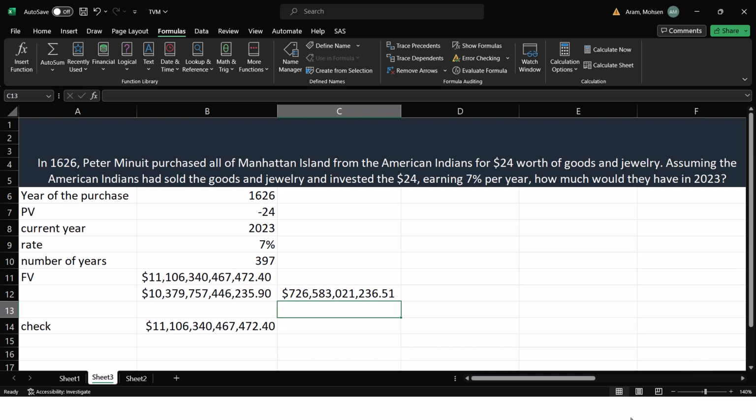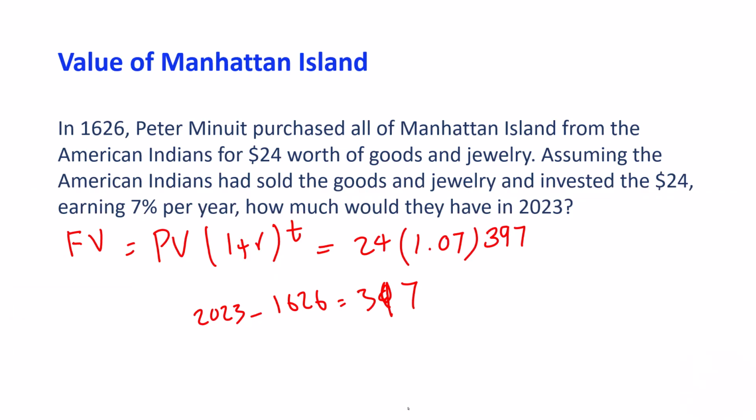So of course, this is a very hypothetical example, but it shows you what happens if you allow your money to stay invested, to stay in your account for a long period of time. Especially later in time in your investment, the money is going to grow exponentially. It's going to grow much faster than earlier in your investment. So let's look at another example.